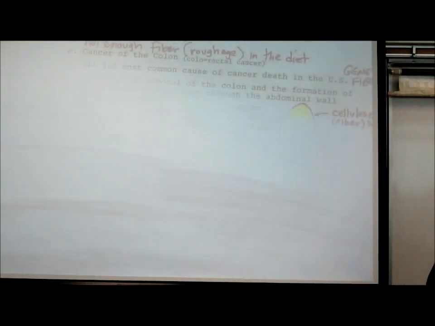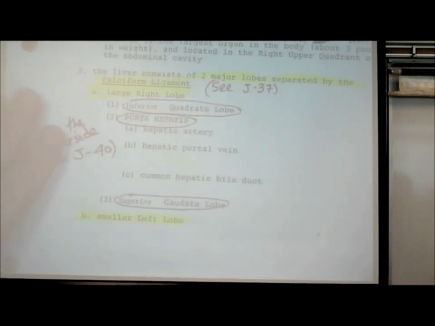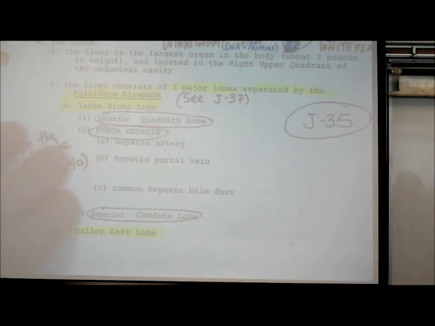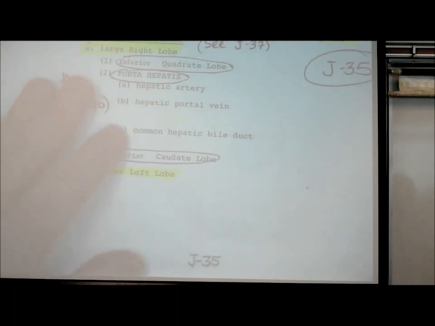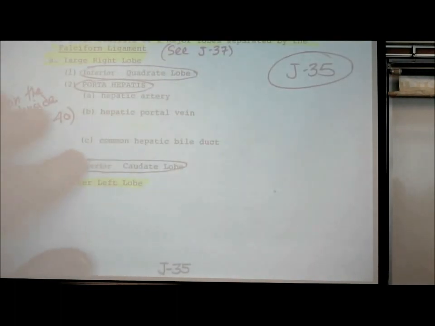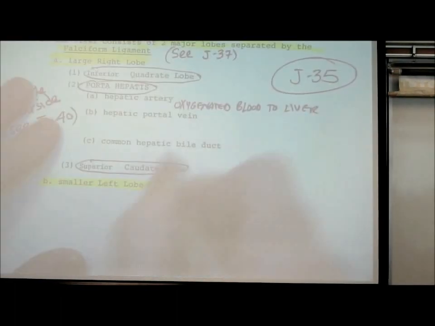So back on J35. So what were these 3 tubes again? The hepatic artery, that's carrying oxygenated blood to the liver. Hepatic portal vein, this is blood with nutrients.